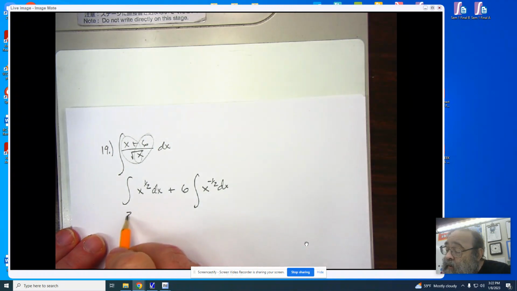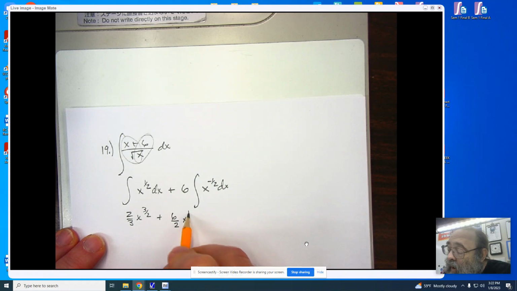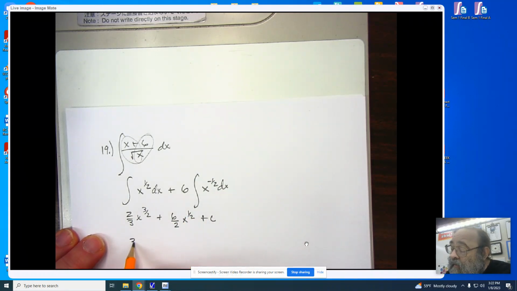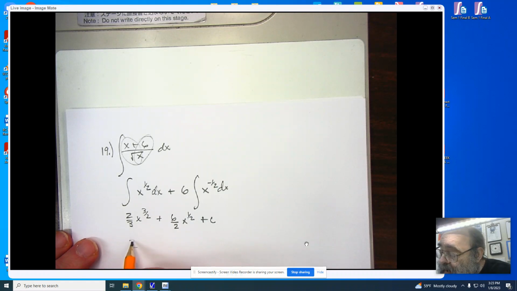Now I can work with 2/3 x to the 3/2 power, and now this is going to end up adding 1, and I have 6 divided by 1/2 x to the 1/2 power plus c. Afterward, I'm going to go ahead and double check my answer. 2/3 x to the 3/2 plus 3 x to the 1/2 power plus c.